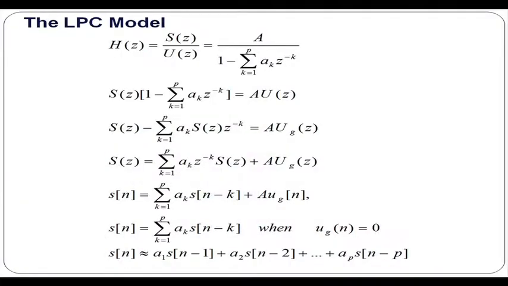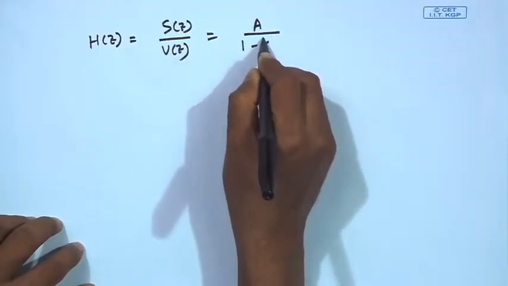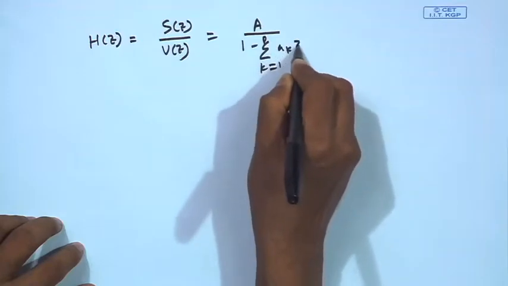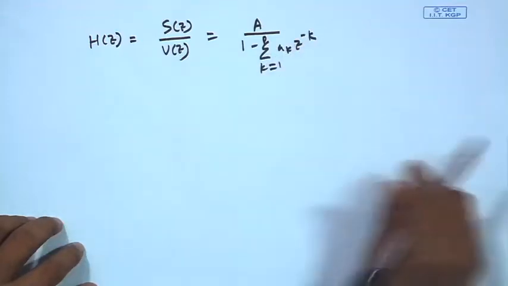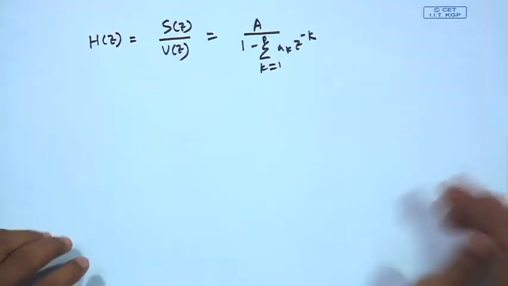Now, if I go to the linear prediction system, I can say H(z) is nothing but the output speech S(z) divided by the input U(z), which can be modeled as A, the gain, divided by (1 minus the sum for k equal to 1 to p of a_k z to the power minus k). P is the number of poles, which we have already studied.